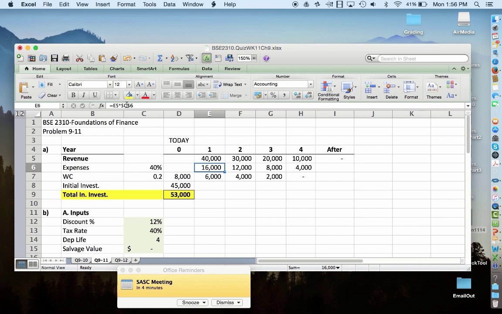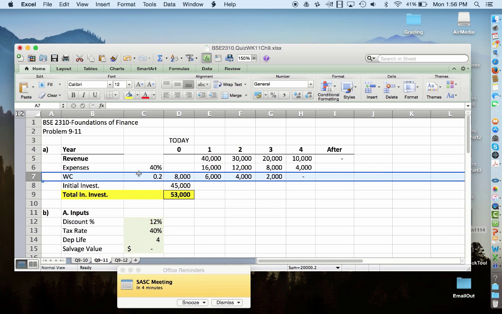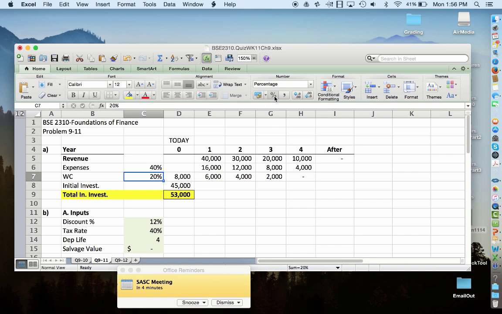I have the 20%. And I'm going to go to today first, because the working capital required today is 20% of next year's revenue. So 20% of next year's revenue is the 40,000. So I take 20% times the 40,000 of revenue. So it's this year's working capital based on next year's revenue.